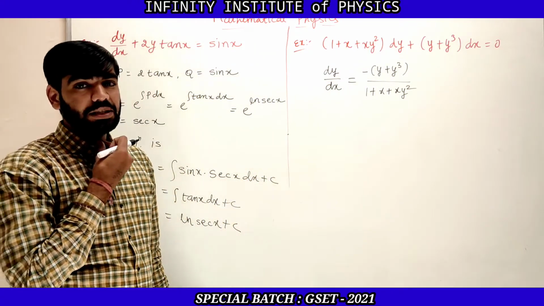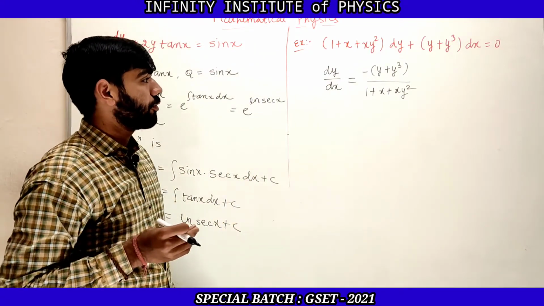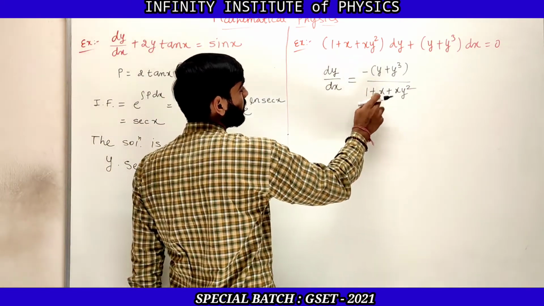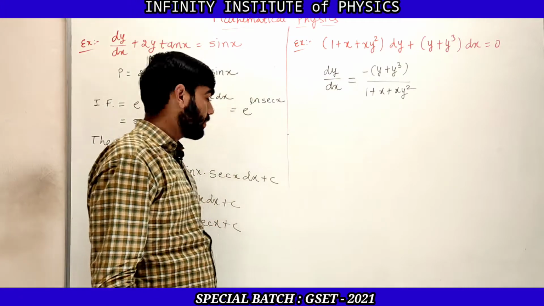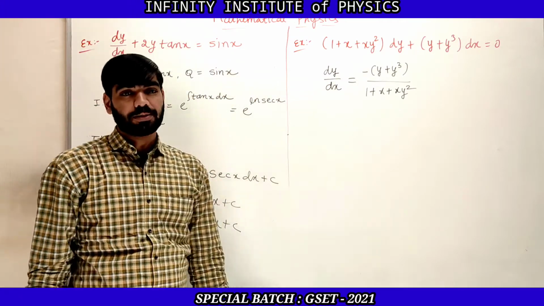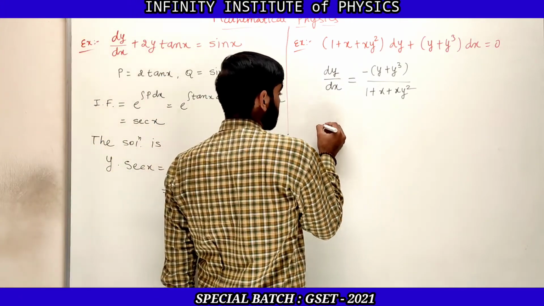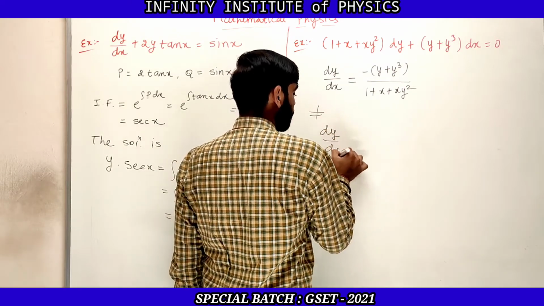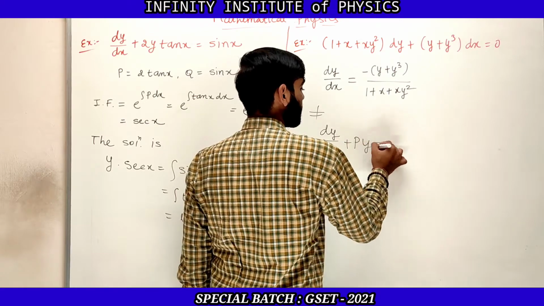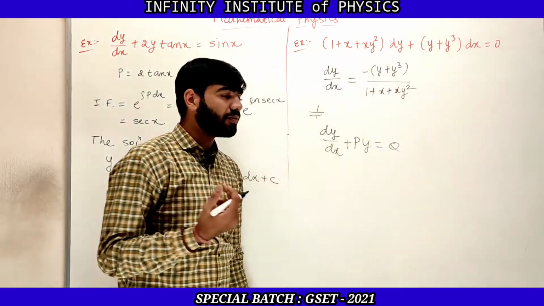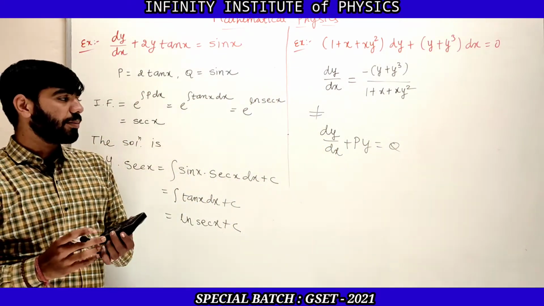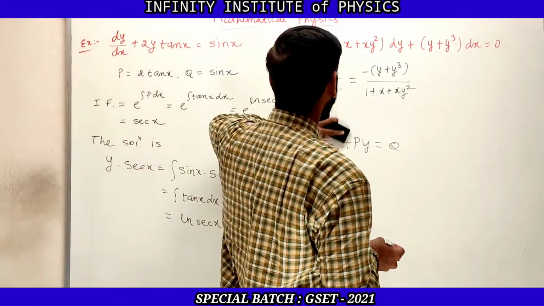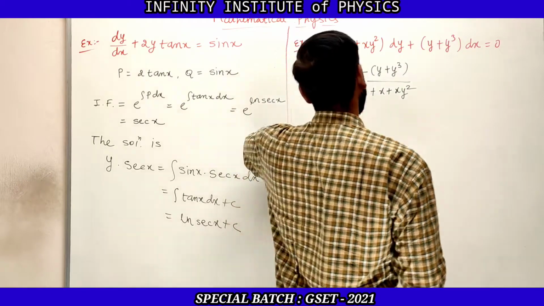If we write this equation from which dy by dx is a subject, then it will be minus of y plus y cube upon 1 plus x plus xy square. This is not in the form of the dy by dx plus py is equal to q, or we can't convert it in the form of that dy by dx plus py is equal to q. That means this equation cannot be converted to that linear in y.